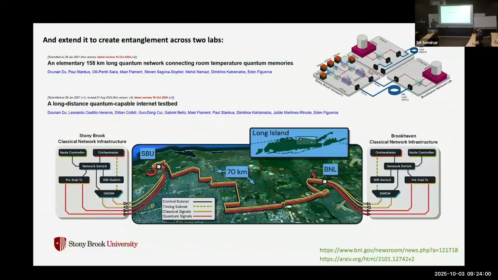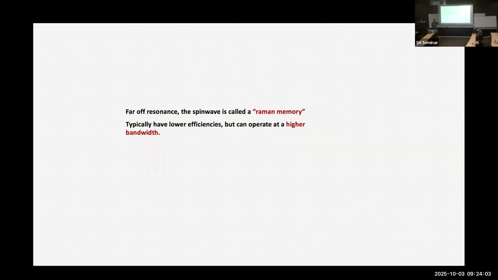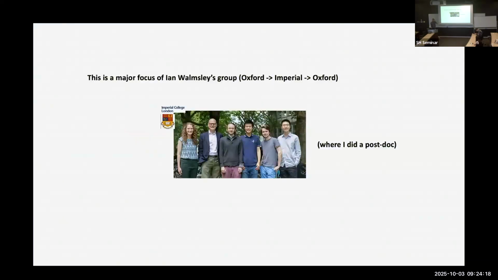Now, far off resonance memories, the spin waves that are sometimes called quantum Raman memories, or storage with Raman memories, typically have lower efficiencies, but can operate at much higher bandwidth. This is a major focus of Ian Walmsley's group.